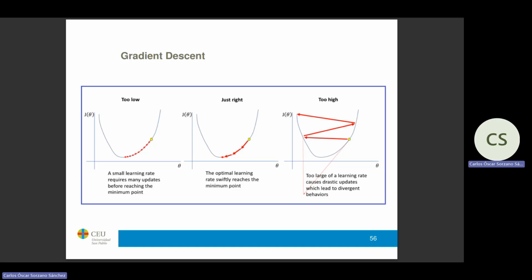Actually, for neural networks, it is one of the most difficult things: what is the right learning rate? Because you don't know, you don't see the gradient in there, but what you see is how it behaves. If you choose a given value, maybe you see that it's converging, but very slowly. And if you increase the value, even if it seems small, you see that it starts diverging. Choosing the right learning rate is something very difficult. And then you can even make the learning rate adaptive.